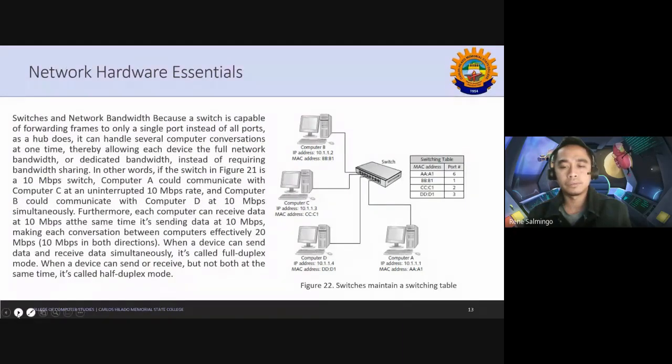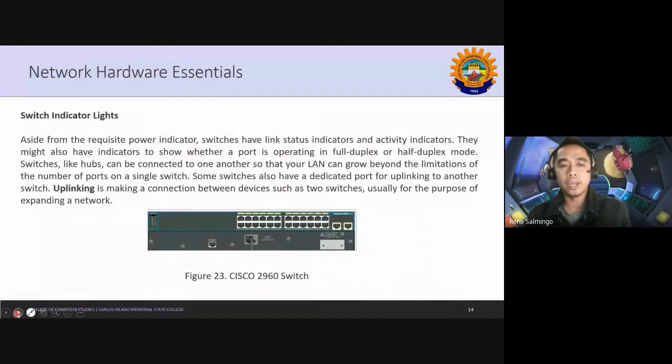So we have switch indicator lights on the switch. This is an example of a switch. How many ports does it have? So you're just going to count 1, 2, 3, 4, 5, 6.